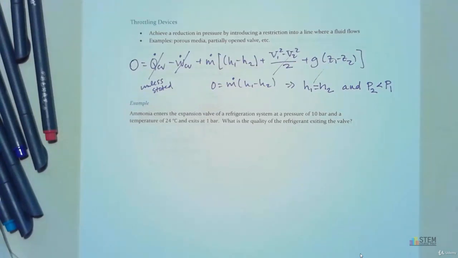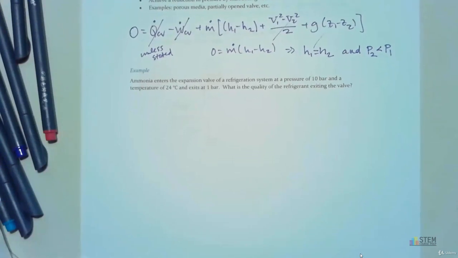So you're going to reduce that pressure by introducing this restriction into your flow. All right, so let's go ahead and do an example of this, and we'll see how it works.